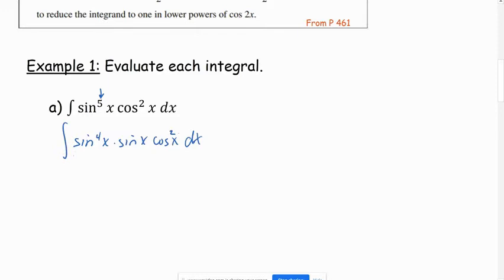Now that we have an even power here, we're going to write that as sine squared x, sine squared x, sine x times cosine squared x.